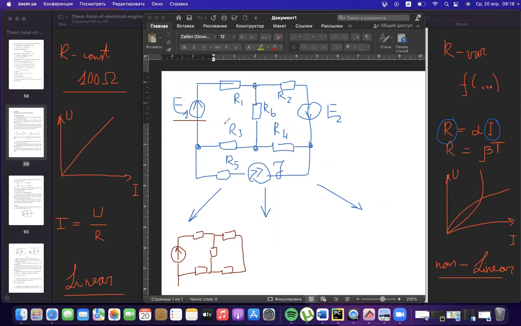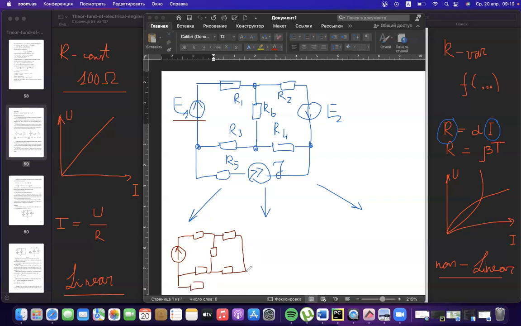The internal resistance of an electromotive force, the source of voltage, is 0, so you substitute it by a straight connection, and the internal resistance of a source of current is infinity.